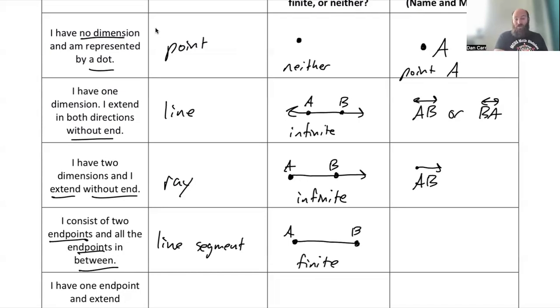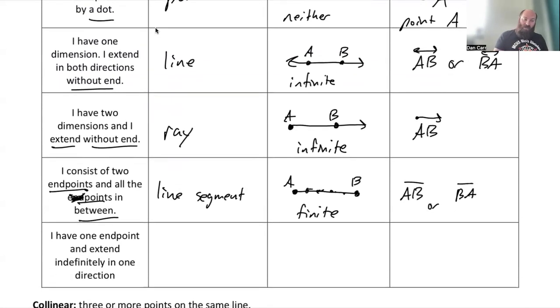All the points in between are part of the line segment too, because all the points inside that line are also part of the segment. When we name it with those endpoints, I can do AB with a line segment, or I could just reverse that and do BA. Either one works there.